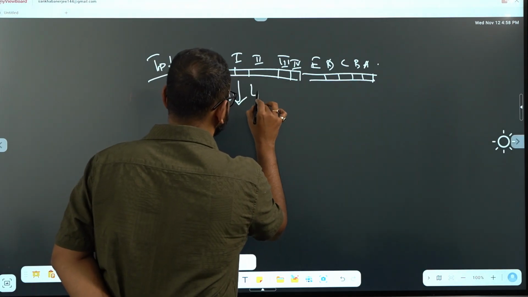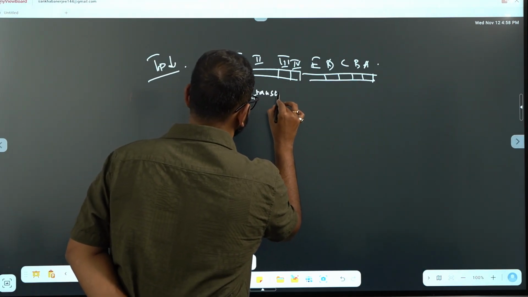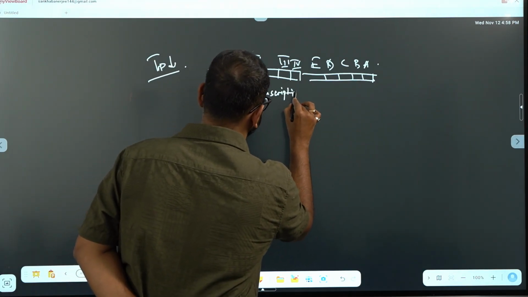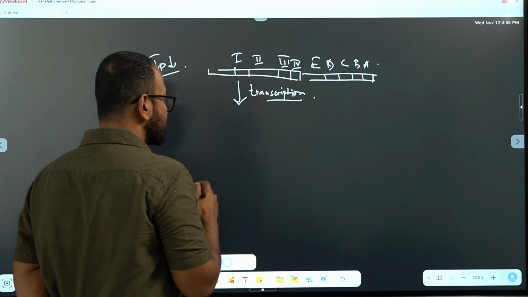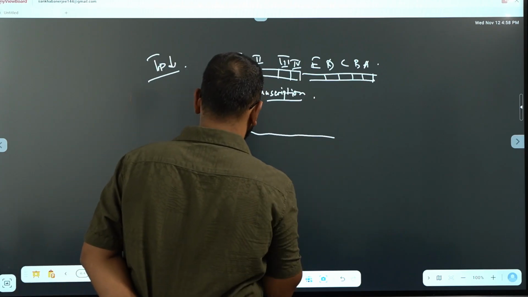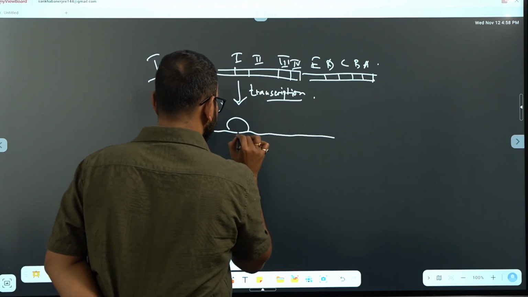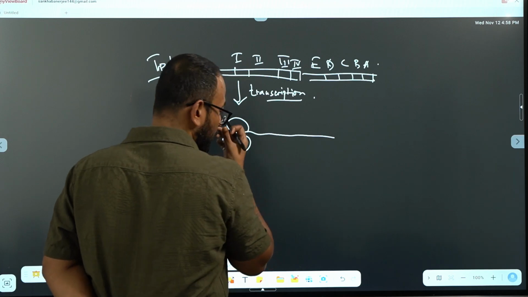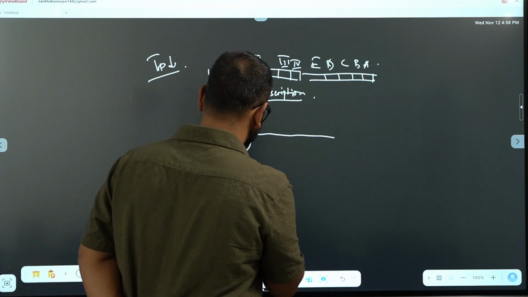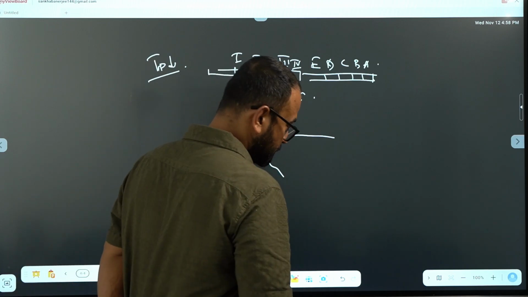Now, transcription has occurred. Due to transcription, what is happening? We are getting our mRNA. And as usual, the ribosome has bound to it, which will initiate the process of protein synthesis.